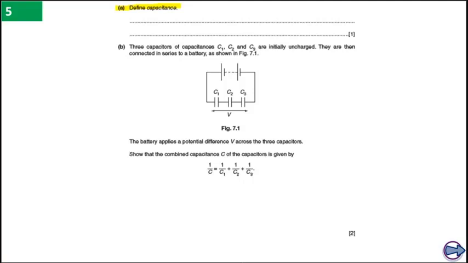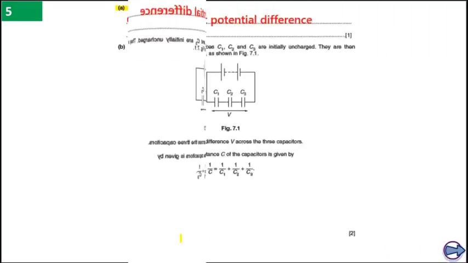Simply we need to understand Q is equal to CV, and C is the capacitance, so we can say C is equal to Q over V. Simply we can say charge per unit potential difference. So this is how we can answer.